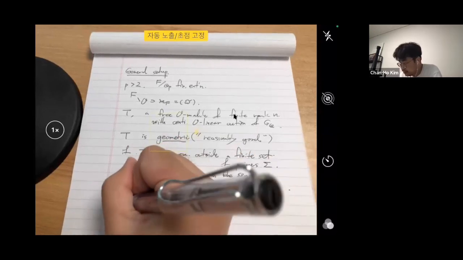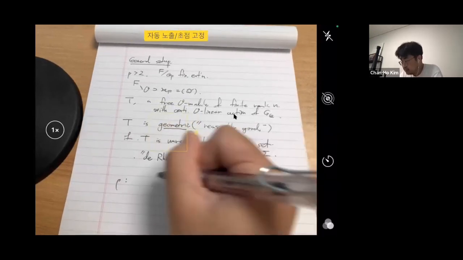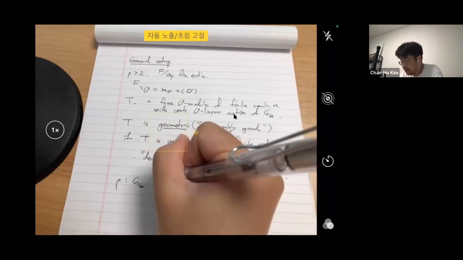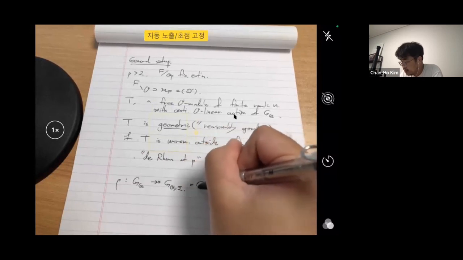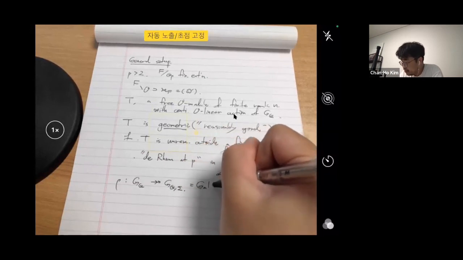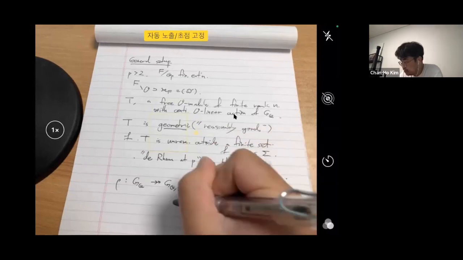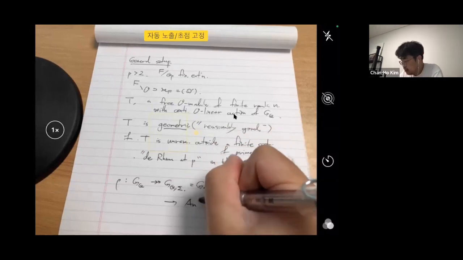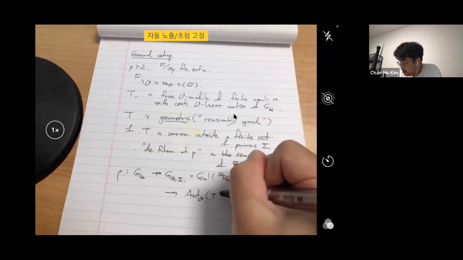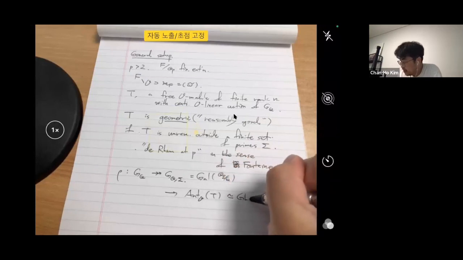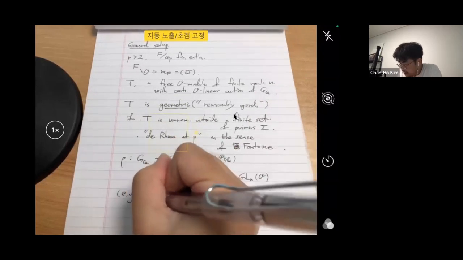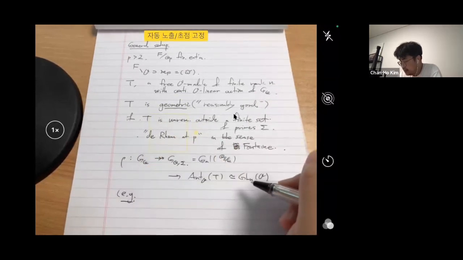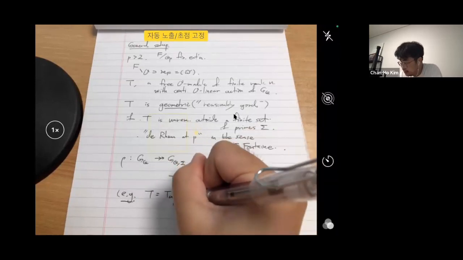The Galois group of Q_Sigma over Q maps to the O-linear automorphisms of T, which is isomorphic to GL_n(O). Of course, if you don't like considering general things, this T is just the Tate module of the elliptic curve.